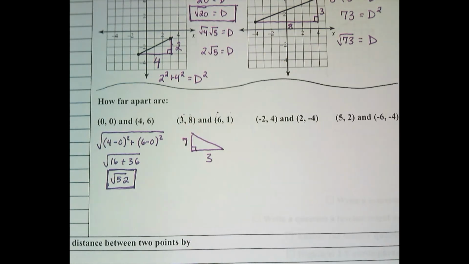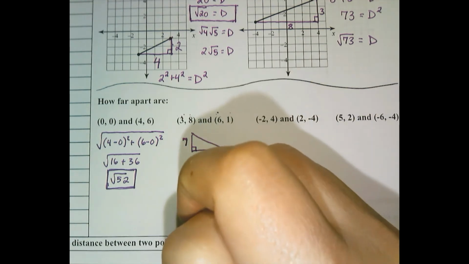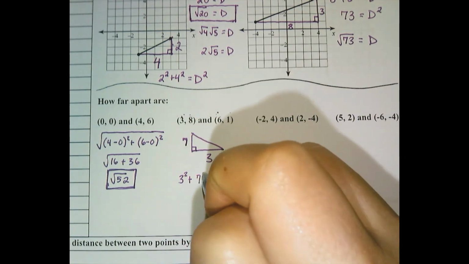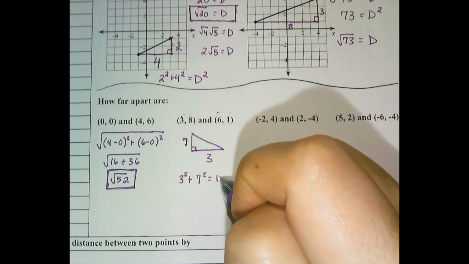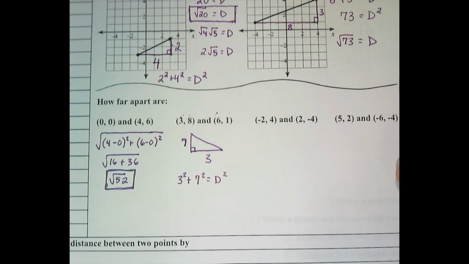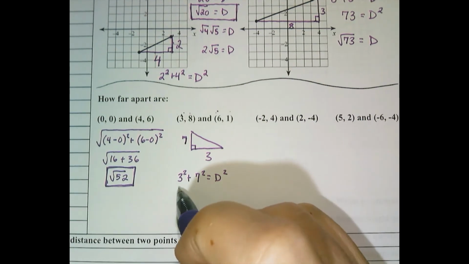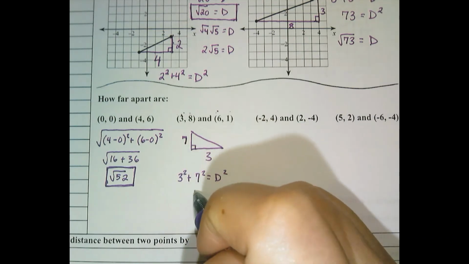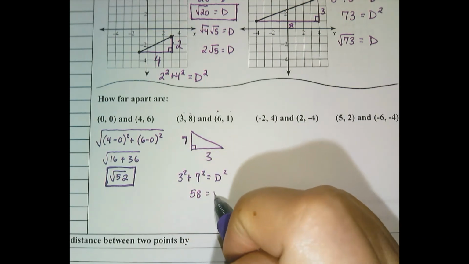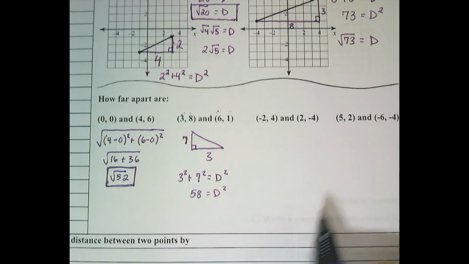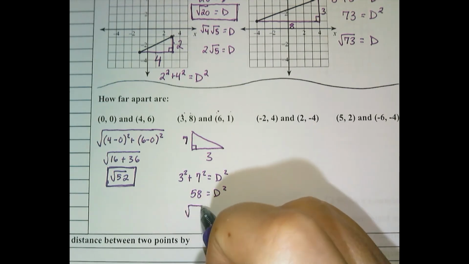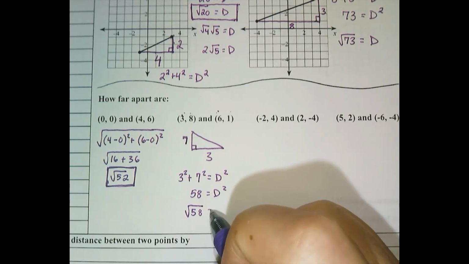And so I've got this triangle that's 3 units on one side and 7 on the other. 3 squared plus 7 squared equals distance squared, or hypotenuse squared. And that's 9 plus 49 is 58 equals d squared, or the square root of 58 is the distance.